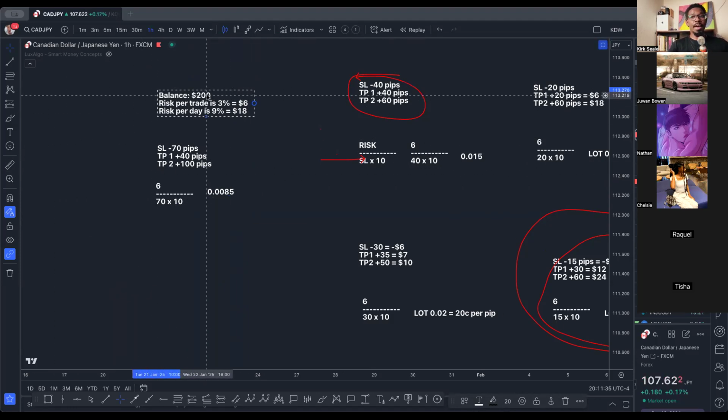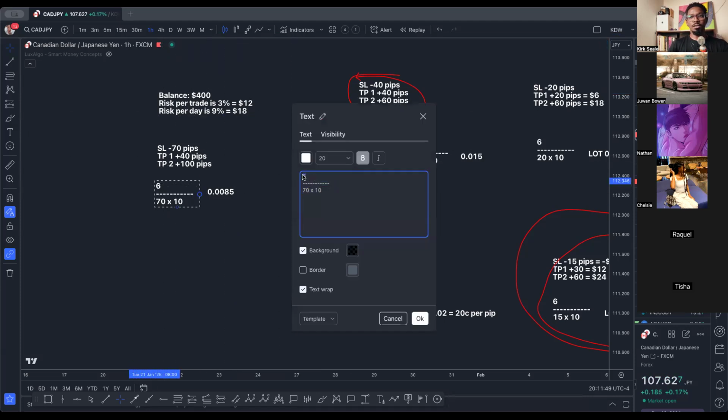Now, if we had a $400 account, right? $400 account, our risk would then be 12. Our 3% risk would then be 12, which means this is now 12 divided by 700.